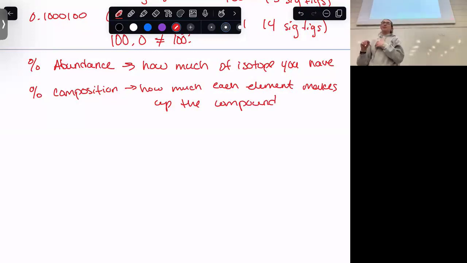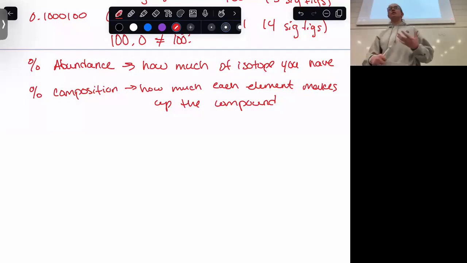For percent abundance, we're just looking at one element. We want to know how much of each isotope of that element we have. In percent composition, we're given a compound and want to know how much a specific element makes up in that compound.